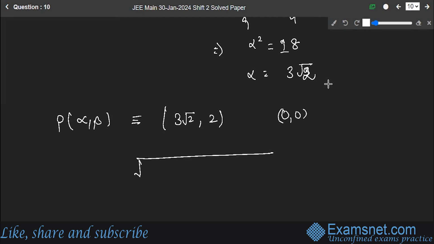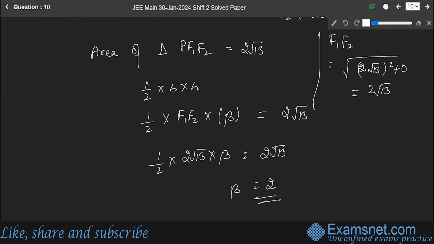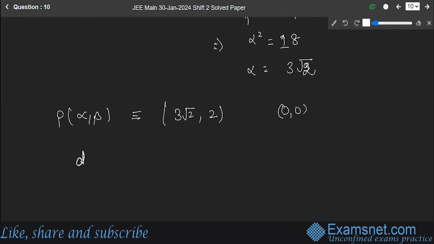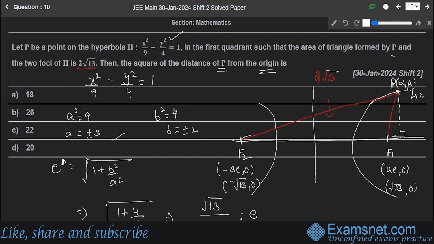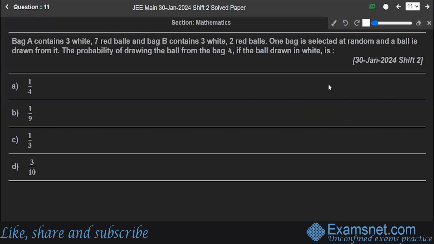The square of distance between them is (3 root 2 minus 0) whole square plus (2 minus 0) whole square. This will be 9 into 2, 18, plus 4, that's 22. Right. So what is the answer? 22, because I want the square of the distance. You have option C as the right answer. Hope you're clear with this. Let's move to the next question then.